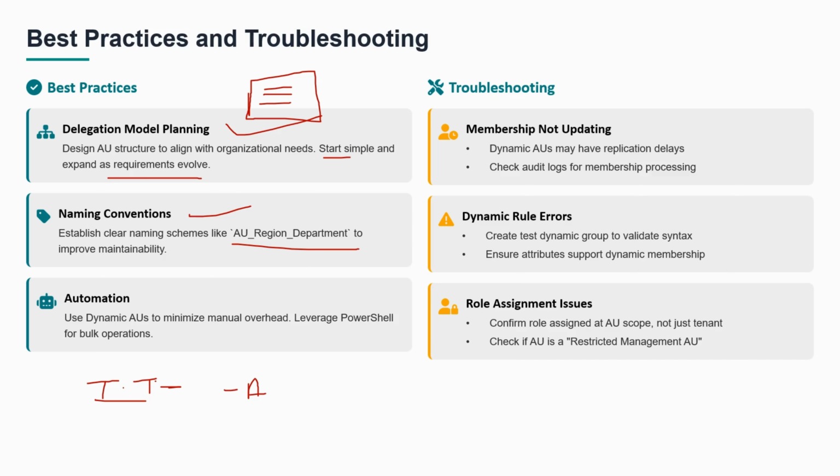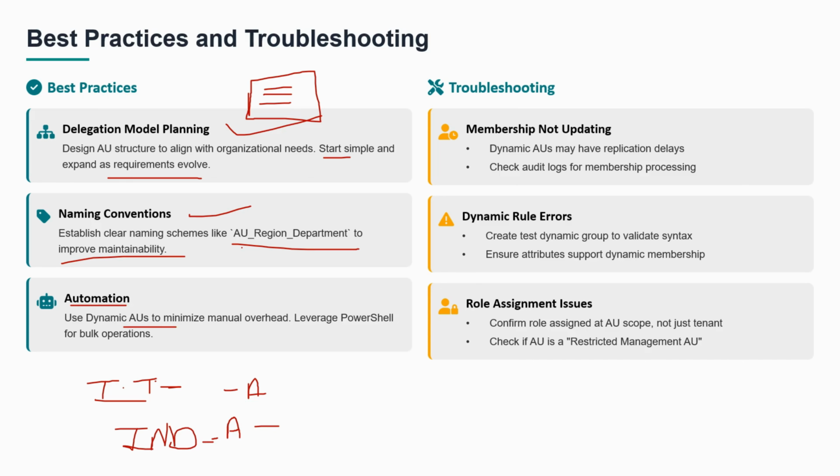If you are creating region-wise, like country-wise, for example India, then IND, then an underscore, then the department name, otherwise the role name, and then the name of that particular group. Use something like that so you can remember which role and which department you created this AU for.